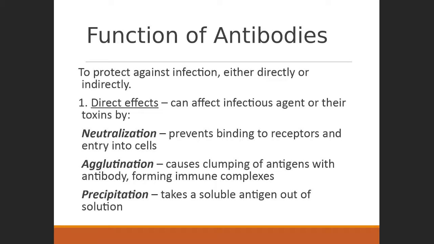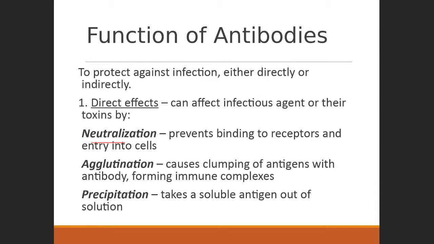Now, with these antibodies, we can have any number of actions. We can have a direct effect, where you can affect the infectious agent or their toxins directly. The antibody can neutralize the invader, bind it up, and prevent it from binding to the receptors for early entry into the cells.